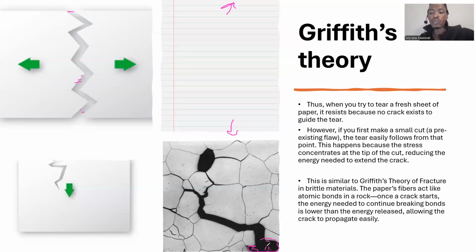Because we have introduced a small crack here, the energy needed to continue breaking the bonds is lower than the energy released, and the crack propagates easily. Basically, that is what Griffith's theory is all about.